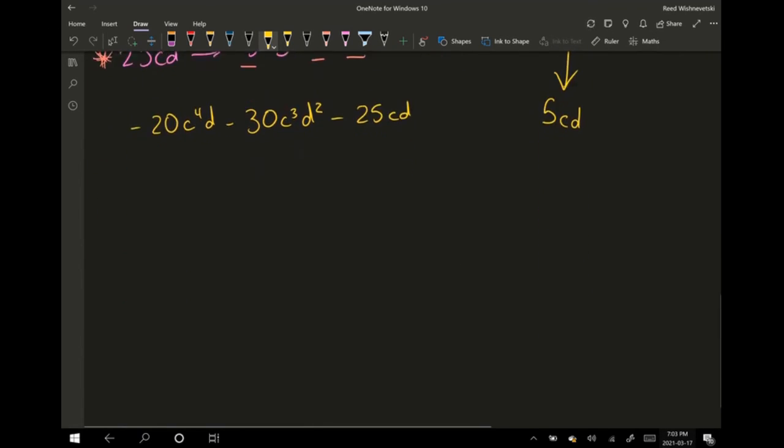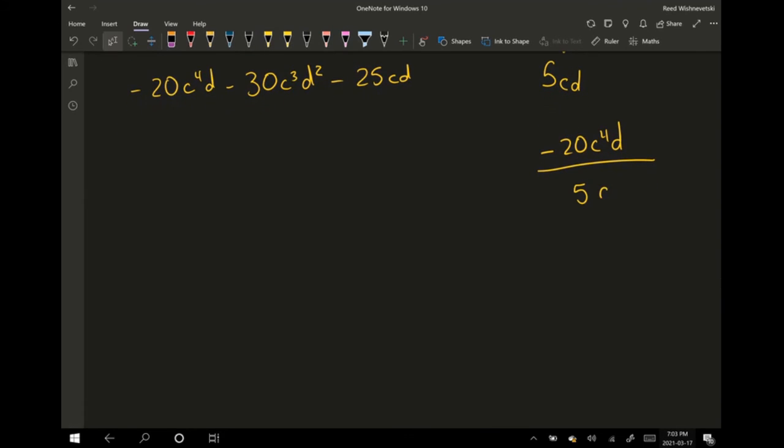From this point, we need to get to dividing. So let's take it term by term. We're going to do negative 20c^4d divided by 5cd.